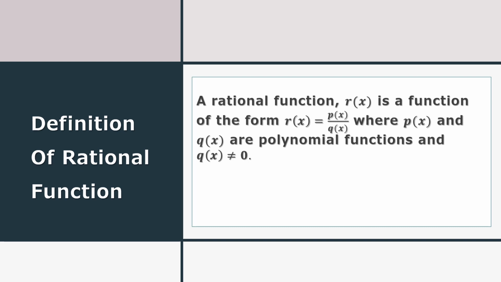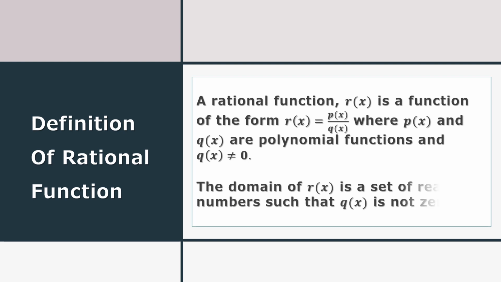A rational function r of x is a function of the form r of x equals p of x divided by q of x, where p of x and q of x are polynomial functions, and q of x should not be equal to 0. And the domain of the function r of x is the set of real numbers such that q of x is not 0.